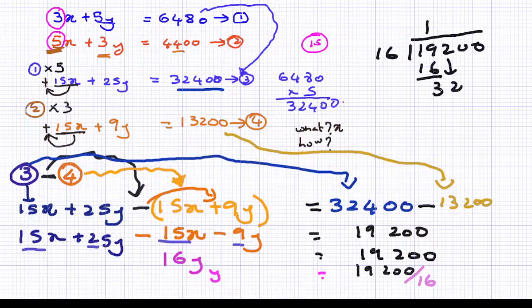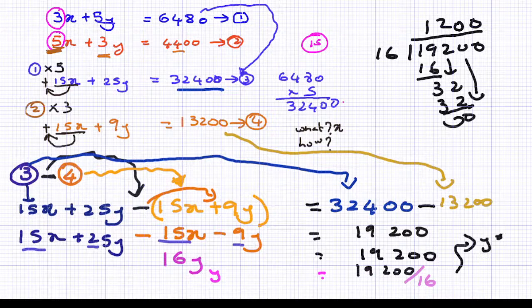That's 2. 2 times 16 is 32. 0 comes. So it's going to be 1,200. So y is 1,200. Y equals 19,200 divided by 16 results in 1,200. All right.